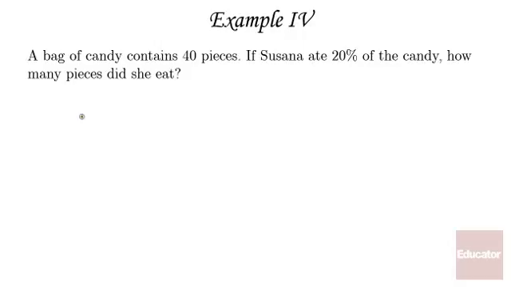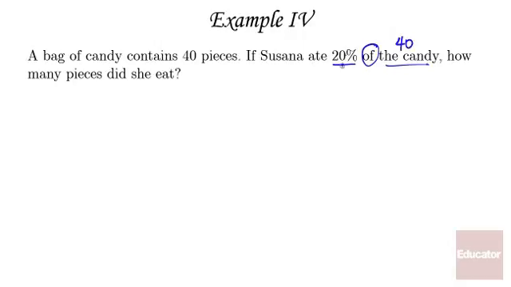How many pieces did she eat? Okay, look at this. 20% of the candy. So what's the candy? How many pieces does the bag of candy contain? 40 pieces. So it's like saying she ate 20% of the 40 pieces, right?